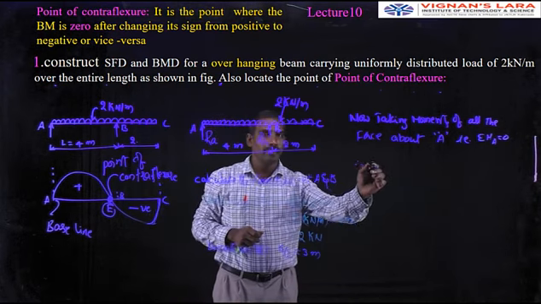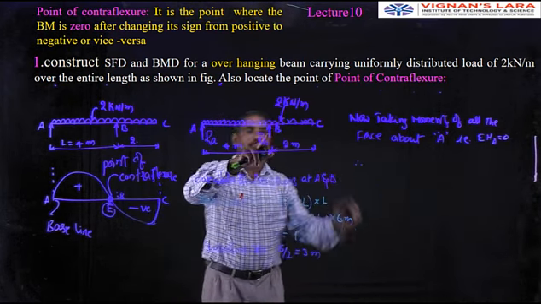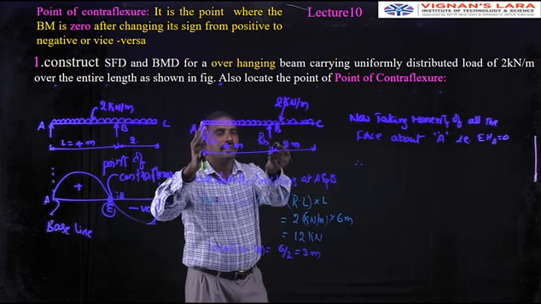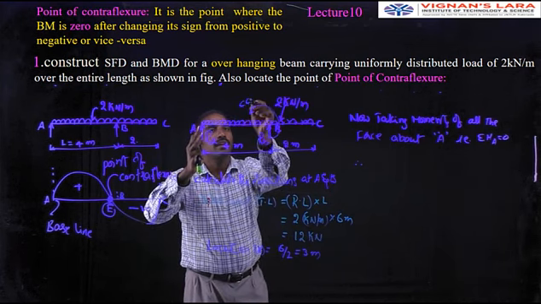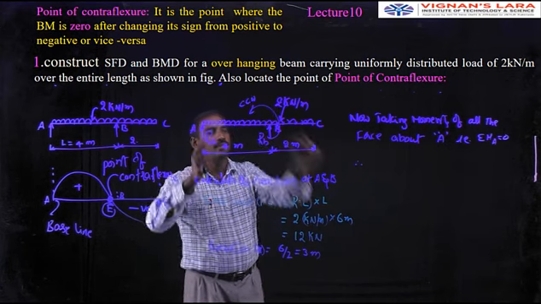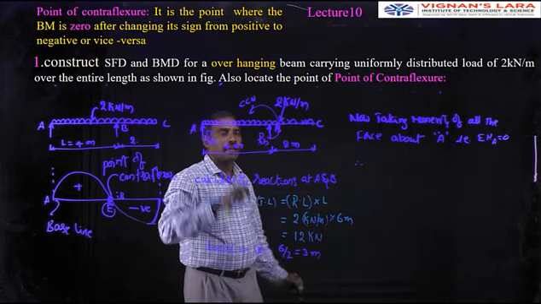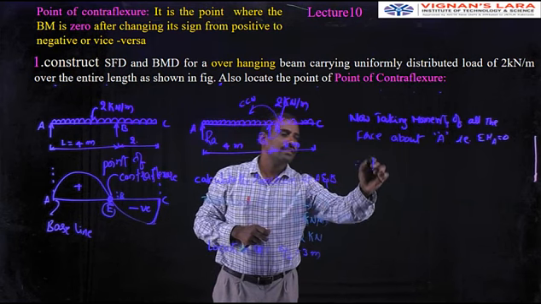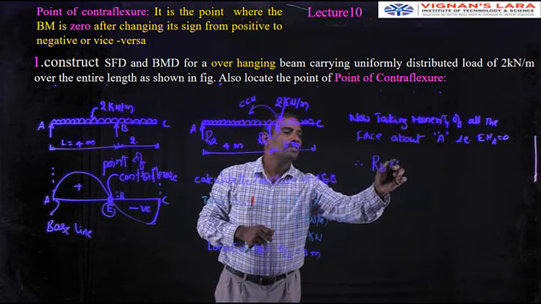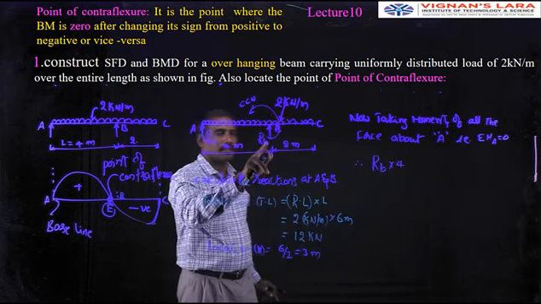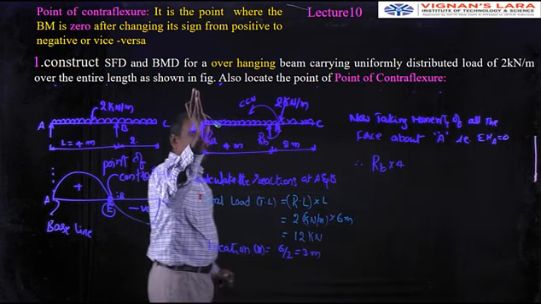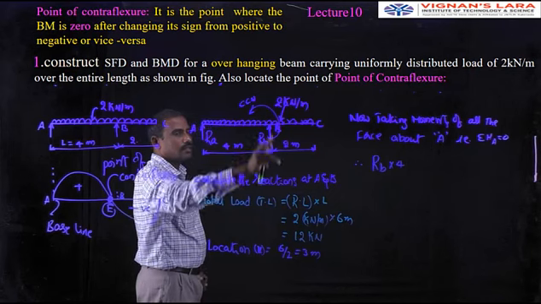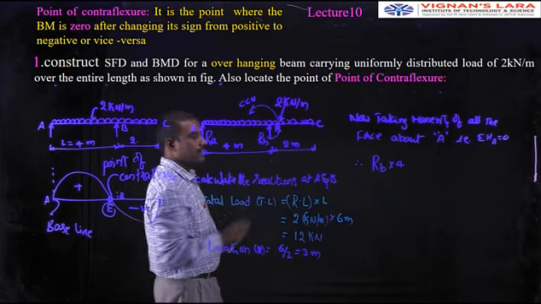The moment produced by RB about A is counter clockwise. Its magnitude is RB into 4, where RB is the magnitude of the force and the perpendicular distance from the moment center A to the line of action of the force RB is 4.